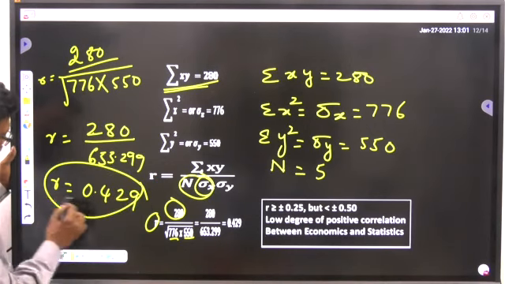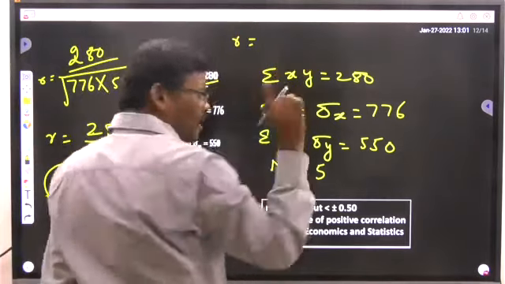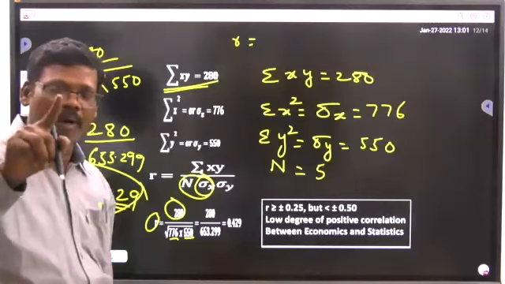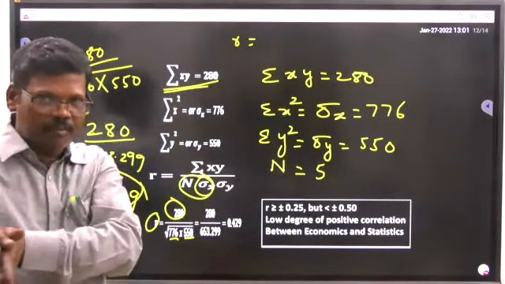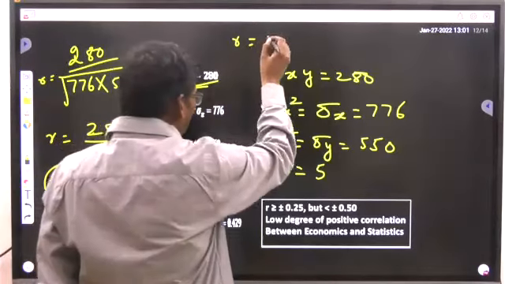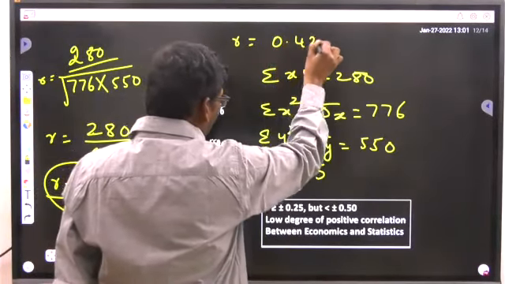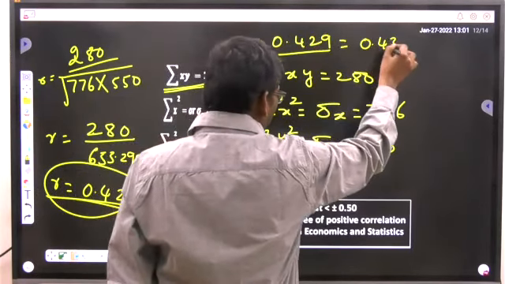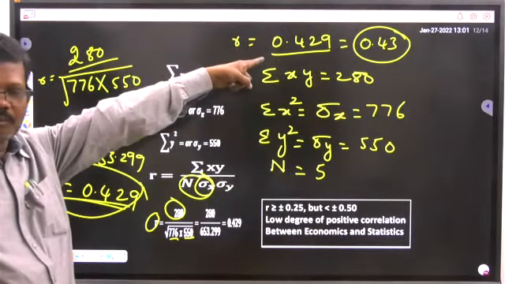The coefficient of correlation r between economics and statistics marks, where X is economics marks and Y is statistics marks, is 0.429, or otherwise 0.43. It is a positive value.